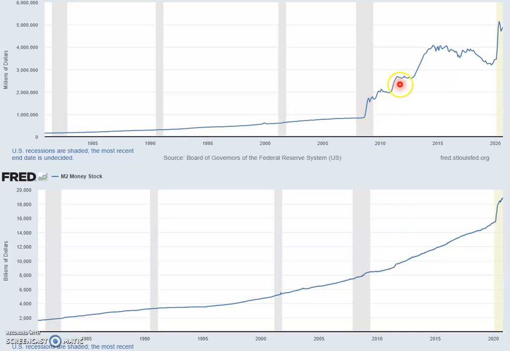Oftentimes, when we increase the monetary base, you find that the money multiplier would decrease. So they partially offset each other, and eventually M2 becomes more stable, more smooth. However, when we look at this year, because of the pandemic, the monetary base increased again from the mid 3 to nearly 5. There's a huge increase, more than $1.5 trillion new money printed and pumped into the economy.